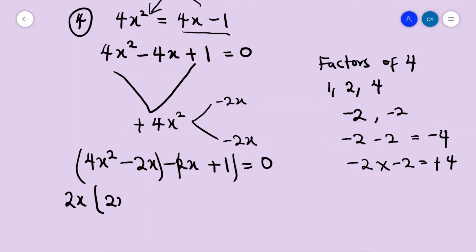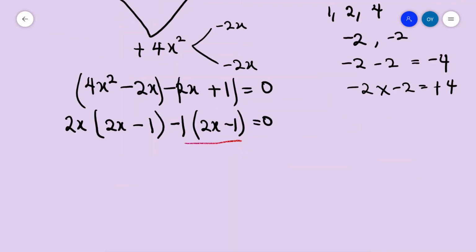Bracket 2x, then minus 1. Because 2x times 2x is 4x squared, and 2x times negative 1 is negative 2x. Now we have minus. What's common between 2x and plus 1? That would be 1. Then we have 2x negative 1 equals 0.